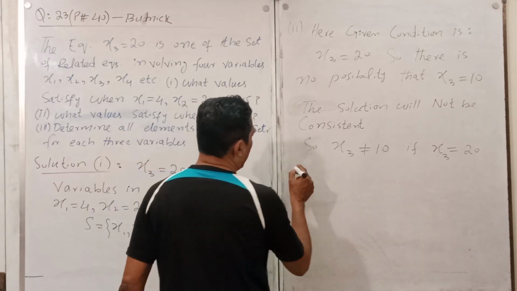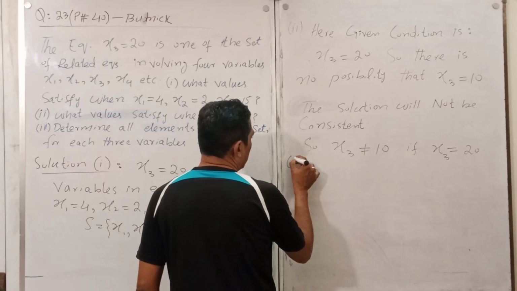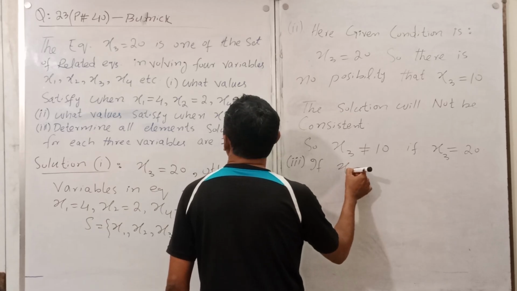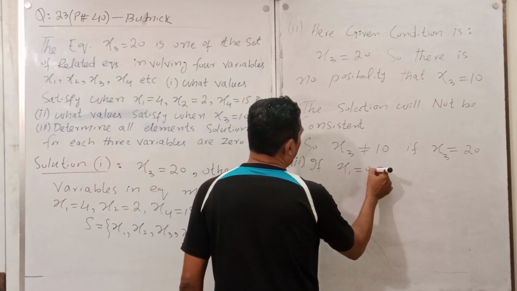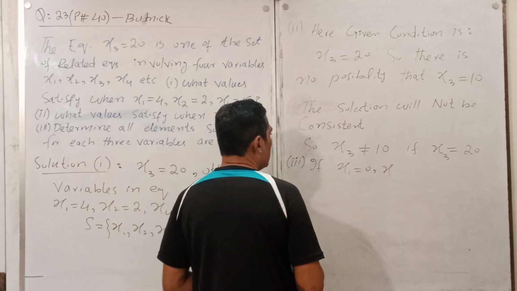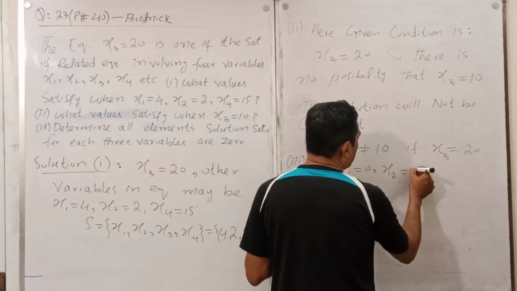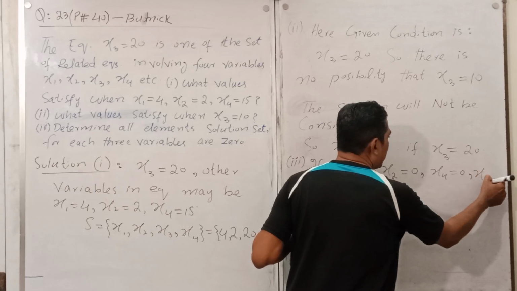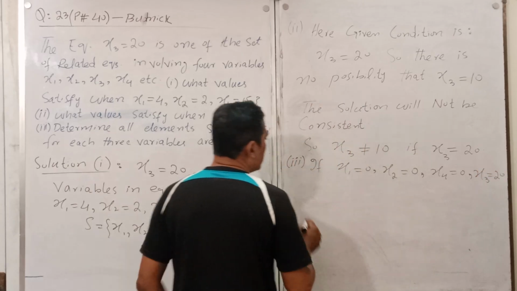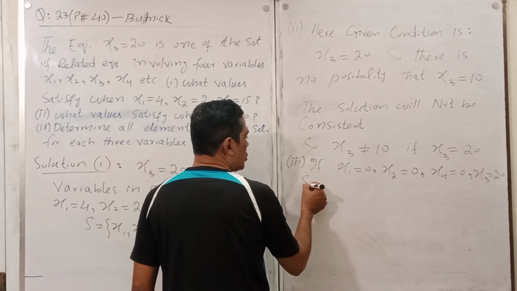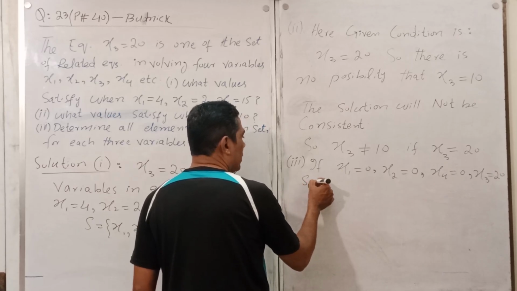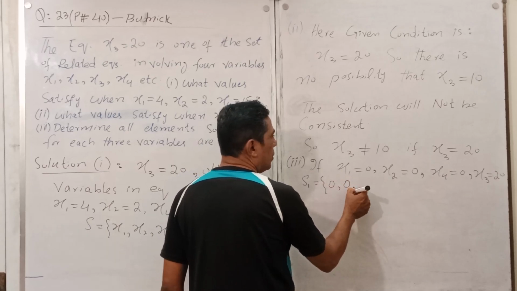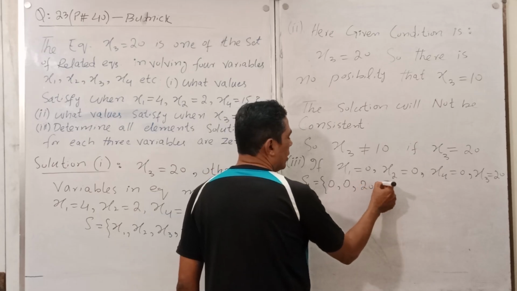If x1 equal to 0, x2 equal to 0, x4 equal to 0, except x3 equal to 20, what will be the solution set? Solution set S1 will be (0, 0, 20, 0).